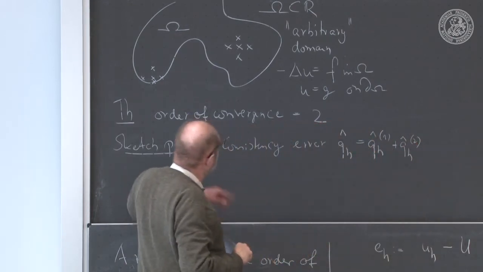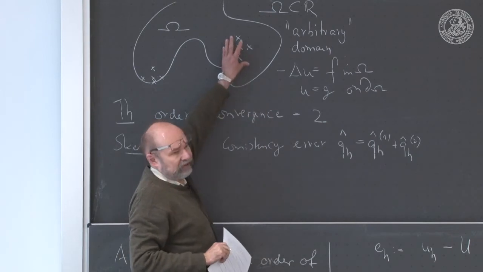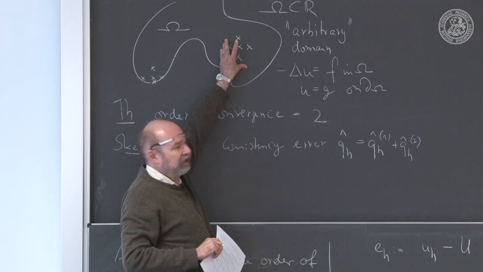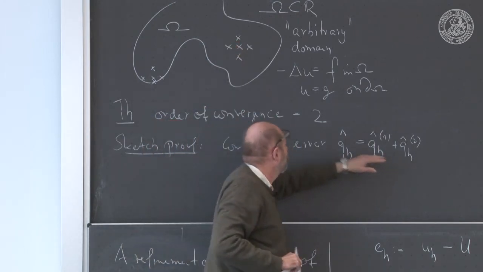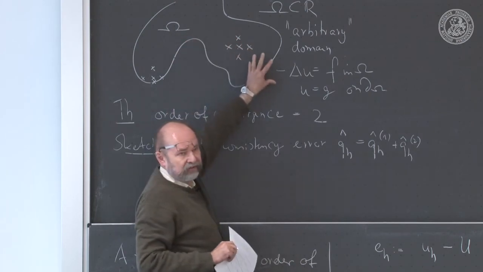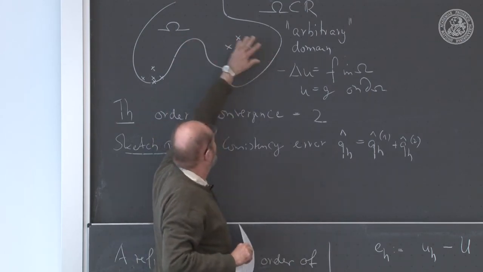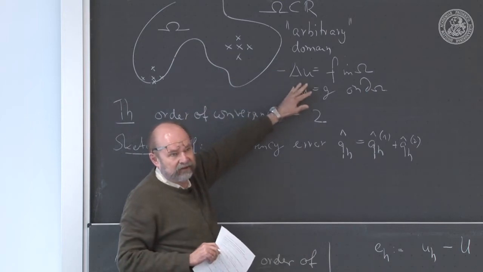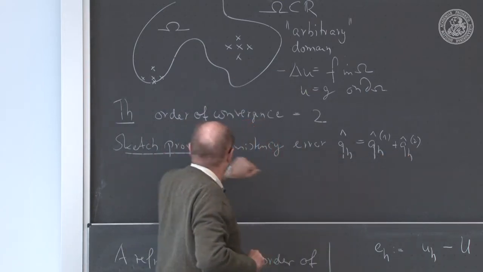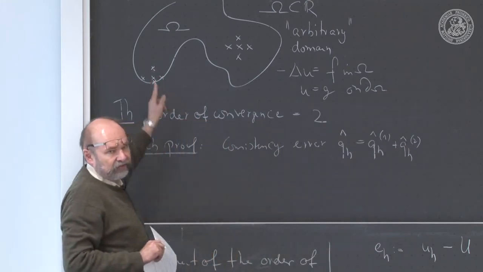The 1 is the one which comes from these grid points away from the boundary. And the 2 is something which is non-zero here in the interior of the domain and zero in a vicinity of the boundary. And this is just the opposite. This is the consistency error which comes from this type of stencils.